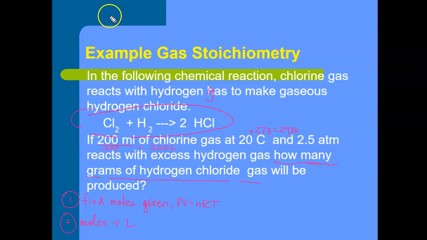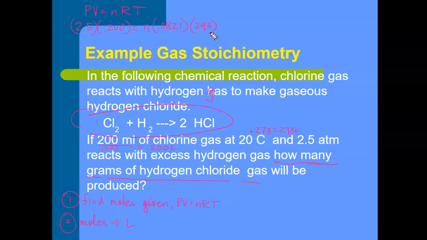Up here at the top, I'm going to use PV equals nRT and plug in what I have: 2.5 atmospheres, my volume is 0.200, my moles is what I'm looking for, my gas constant is 0.0821, and my temperature is 293 Kelvin.